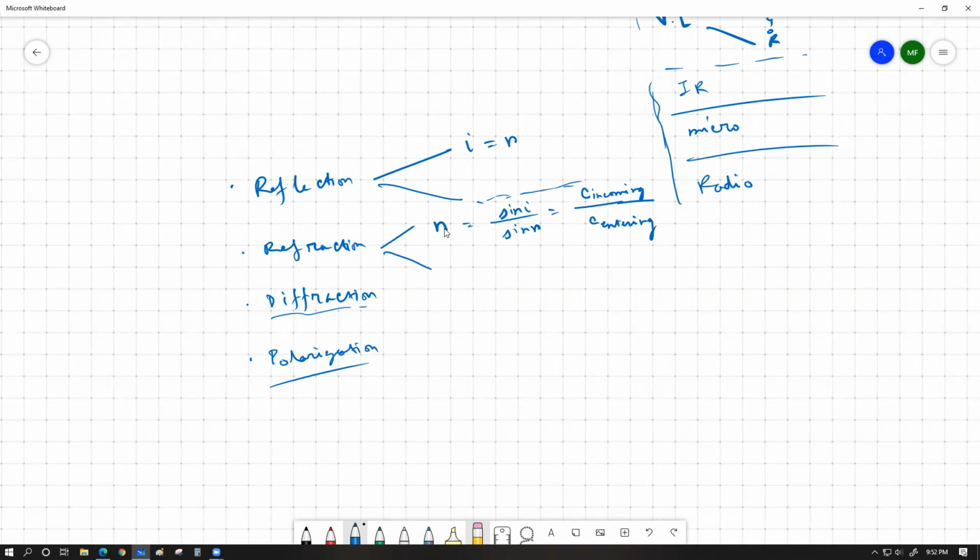This ratio is equal for all cases. So even if we have multiple different variations of the incident angle and the refraction angle, we're going to always come up with the same ratio if we do sine i by sine r, and the ratio of the speeds either way. The second law is pretty much similar to the second law of reflection as well. It simply states that the incident ray, the refracted ray, and the normal drawn at the point of incidence, they all are coplanar. They are within the same plane.